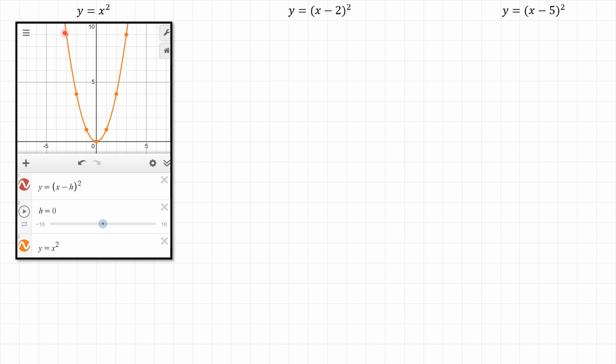What is happening to the graph of y equals x squared as the value h is changing from 0, so x minus 0 would just be x? What if we changed it to 2? So this would be x minus 2. Where would the new parabola end up being?